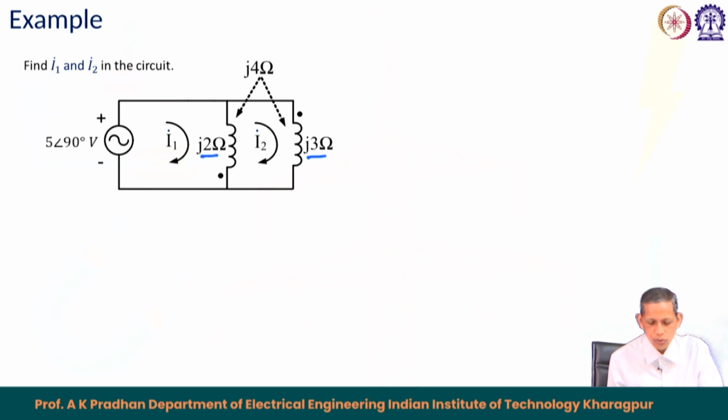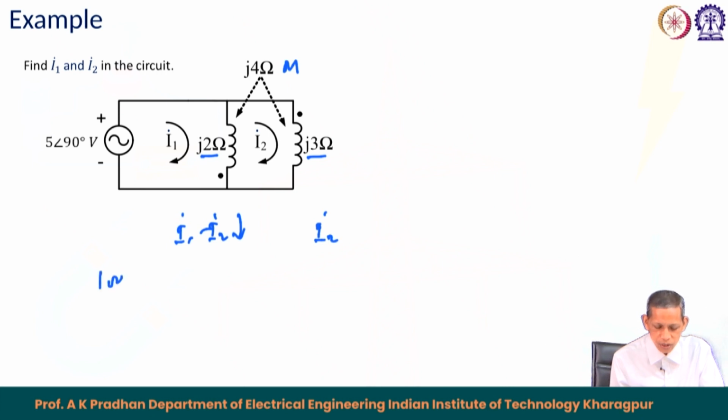In between, we have a mutual M of j4 ohm between j2 and j3. In the middle branch, j2 ohm, the current flowing is I1 minus I2 downward, or I2 minus I1 upward, whereas in the j3 the current is only I2.